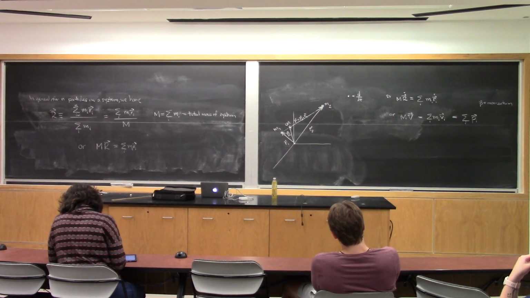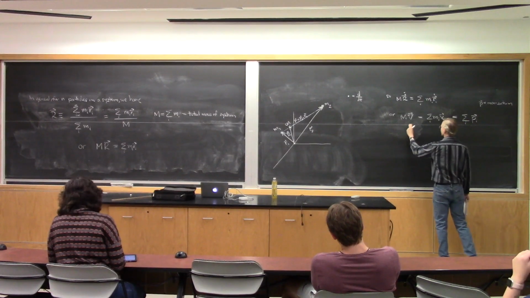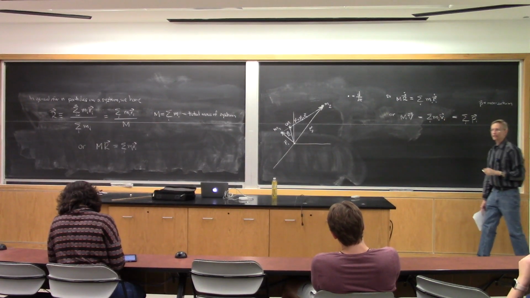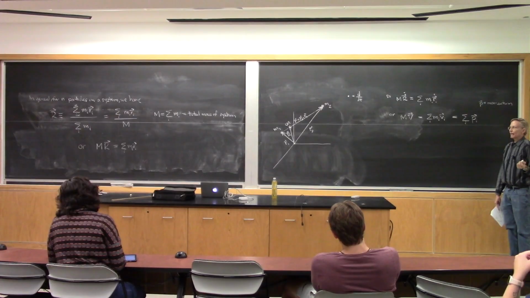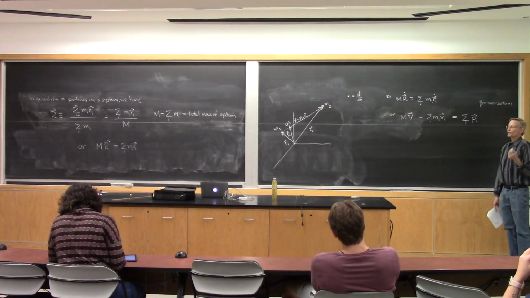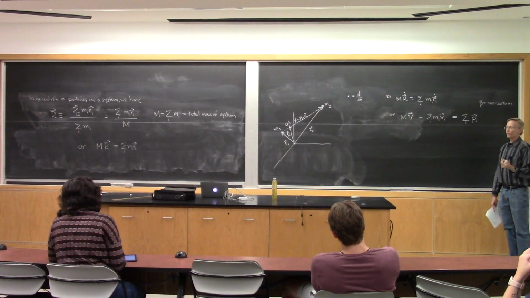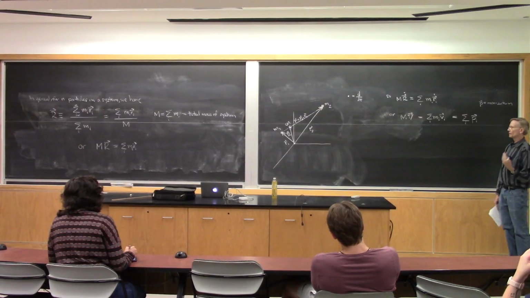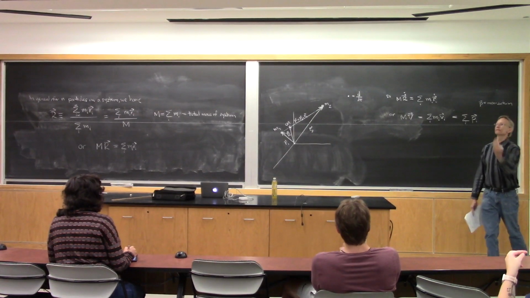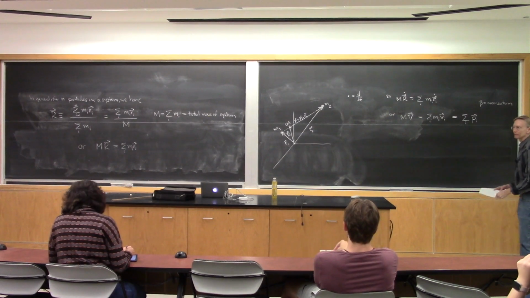That's the total momentum of the system, and it's equal to the total mass of the system times the velocity of the center of mass. In other words, the center of mass acts as though it's a single particle with the total mass of the system and moving with velocity V such that MV is the total momentum of the system.